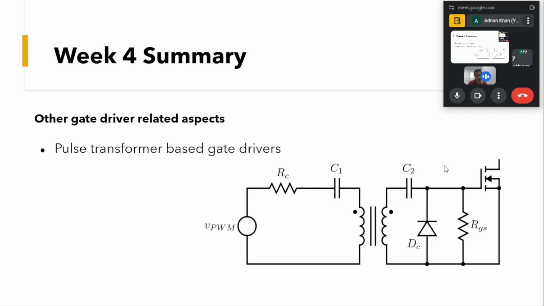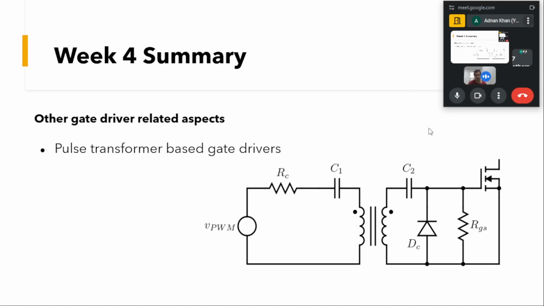Then we need some reshaping circuit, with some diodes and RG, and how that is done you can go through in the lecture, where it has been discussed in detail. This was the downside of using the pulse transformer based gate driver. The other thing is that at higher frequency we see a change in the duty ratios, and how that happens has been discussed in detail in the course. For that you can see the transcript as well as the lectures.